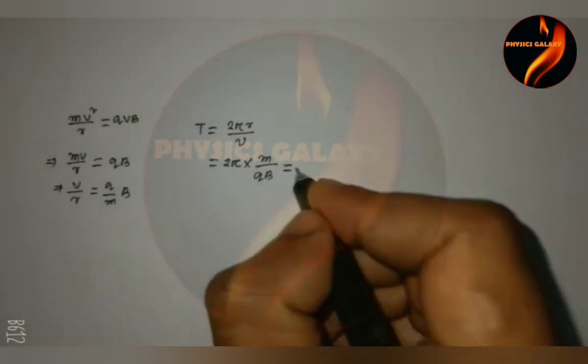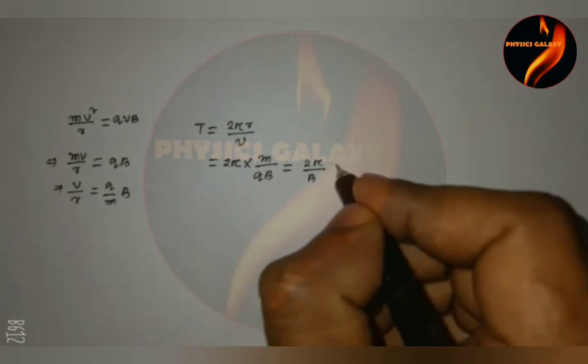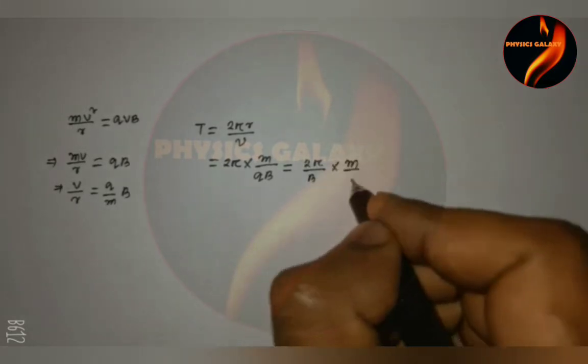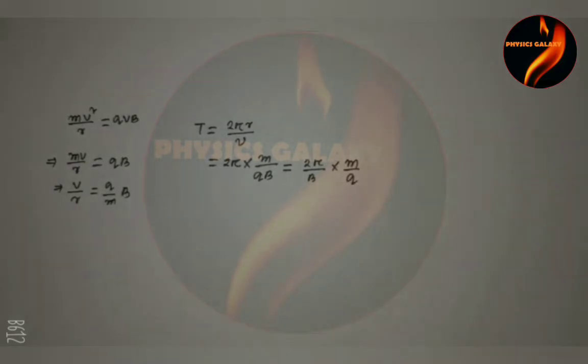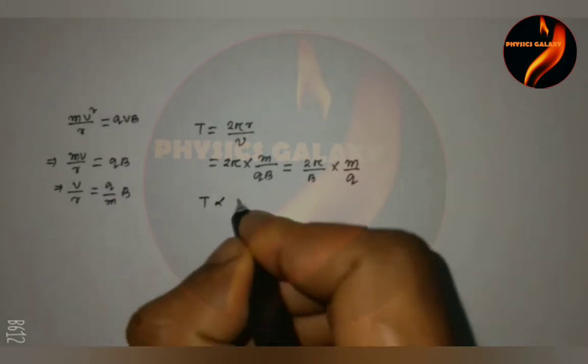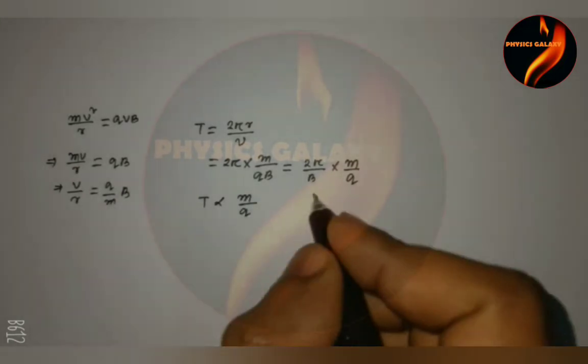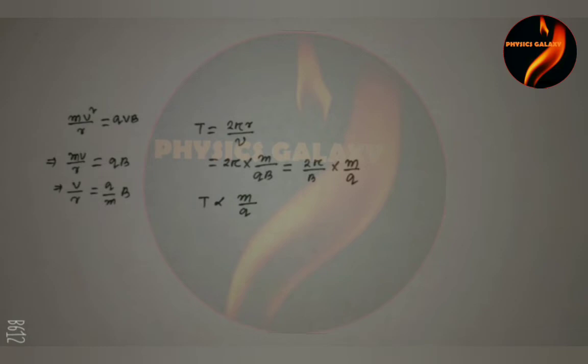So then this is 2π by B times m by q. So this is the time period. Here the magnetic field is the same in both cases, so B is a constant, so T is proportional to m by q.